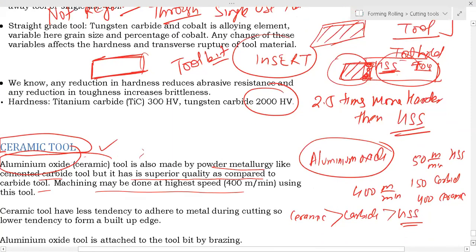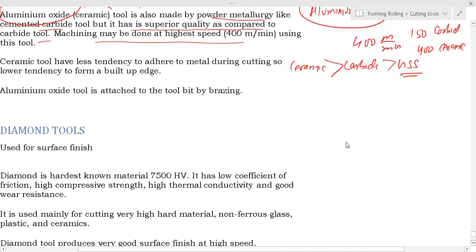Also, the ceramic tool has a very good property: it will not adhere to the metal during cutting. What happens otherwise?